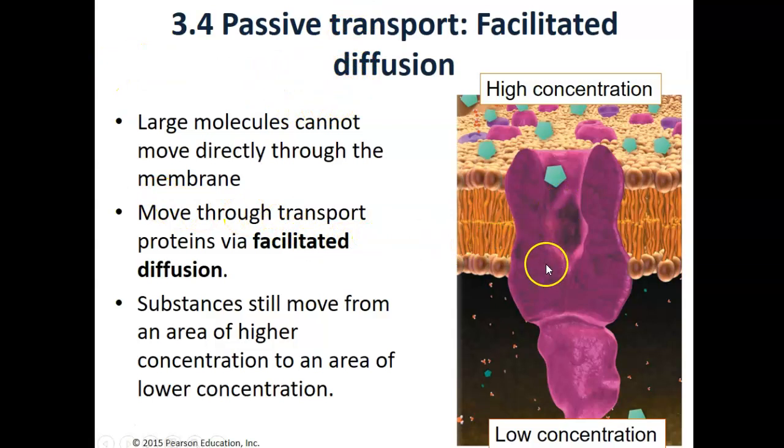In facilitated diffusion, the molecules will still move from a high concentration area to low concentration area, following the concentration gradient. It does not require any energy molecules for this transport to occur. However, it will require a protein molecule to help for this passive transport process.